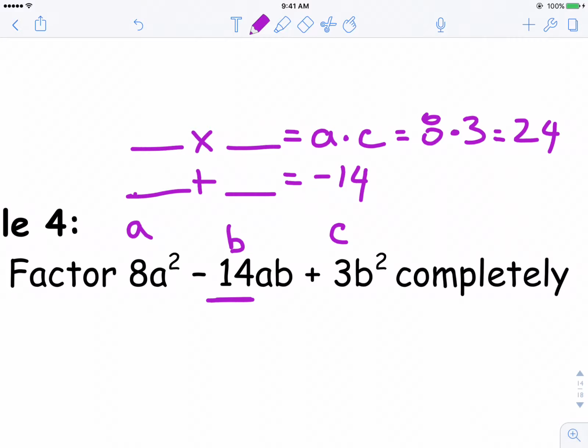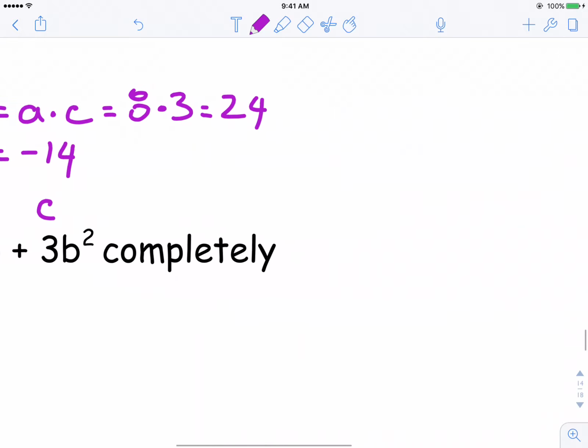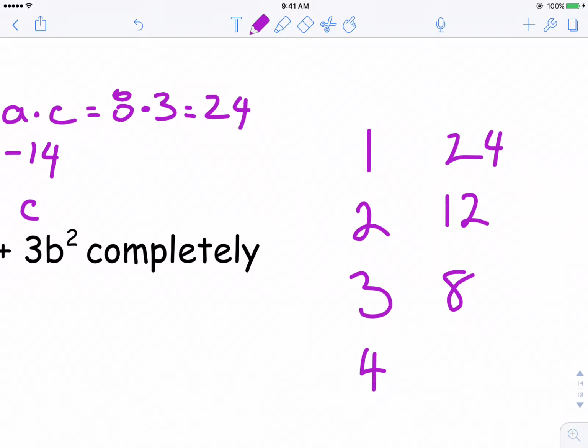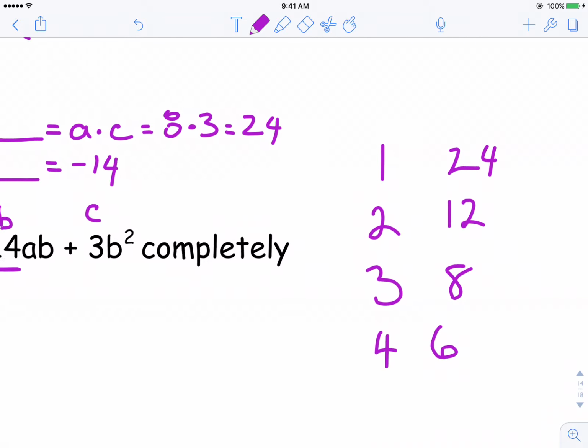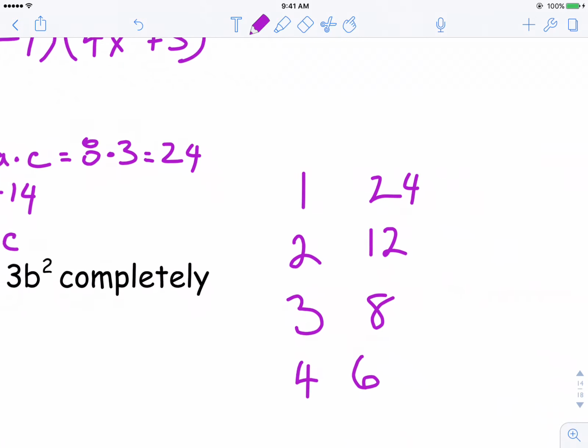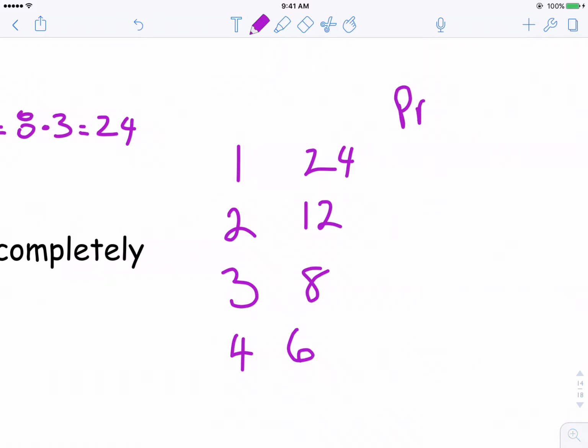B, negative 14. So I think, okay, well, what are my factors of 24? And we just did this. 1 and 24, 2 and 12, 3 and 8, 4 and 6. My product and my sum.